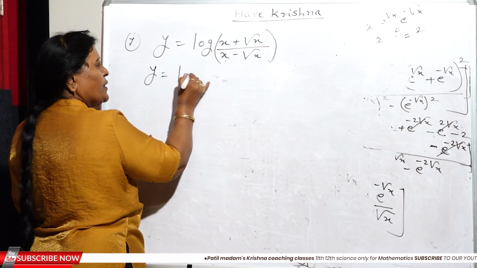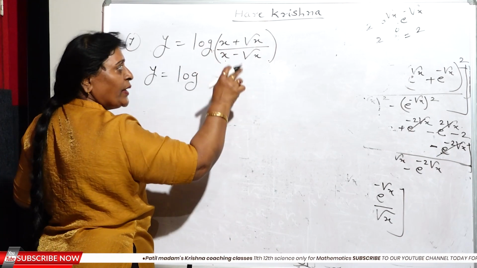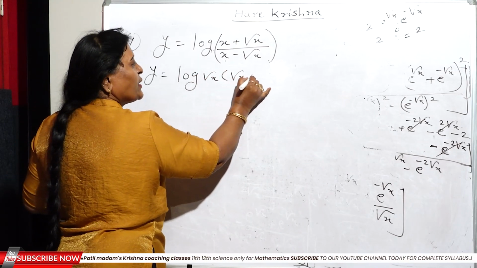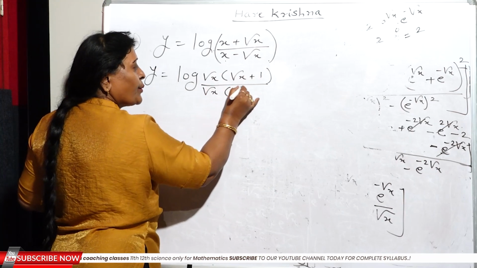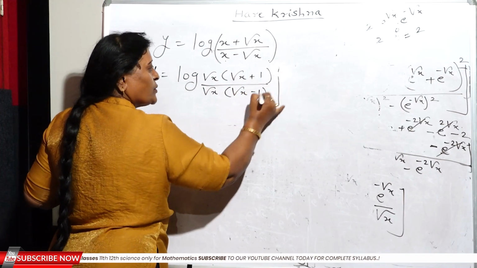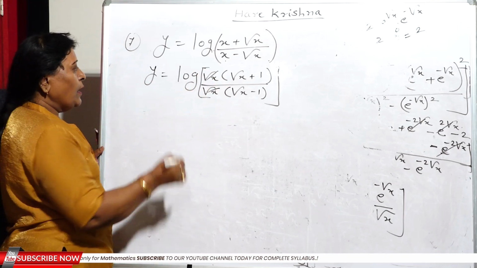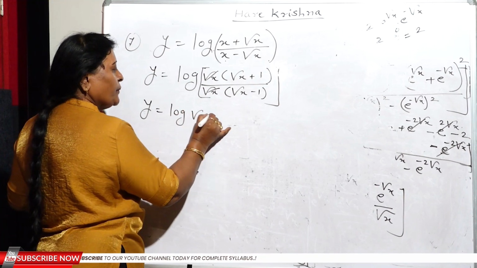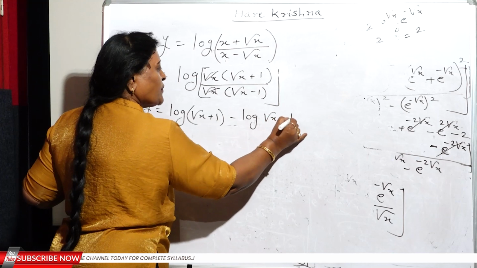See here, if you observe this, x plus root x. Here x you can write as root x into root x. Therefore, root x you can take common, and what remains? Root x plus 1. Again here also root x you can take common. What remains? Root x minus 1. So that you can reduce the function. Root x gets cancelled. Again apply the laws of logarithm. Log of root x plus 1 minus log of root x minus 1.